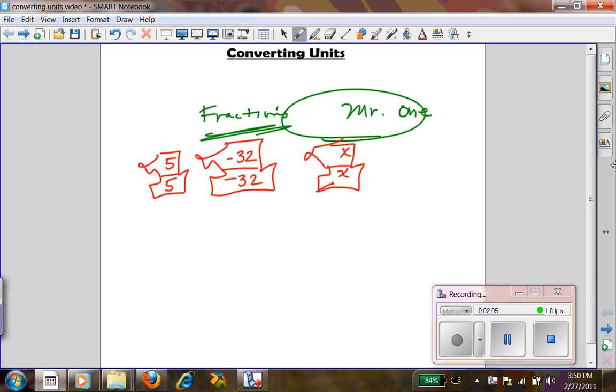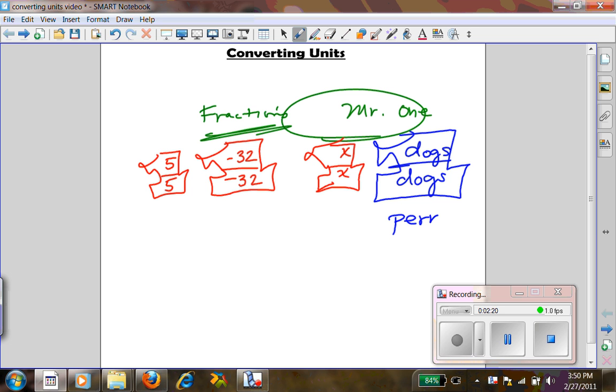If I did, oh, I don't know, let's go nuts, I could put dogs over dogs. And guess what that would equal? Mr. 1. I mean, I could even do dogs in Spanish. Perro over perro. There you go. So you can't say you didn't learn anything today.